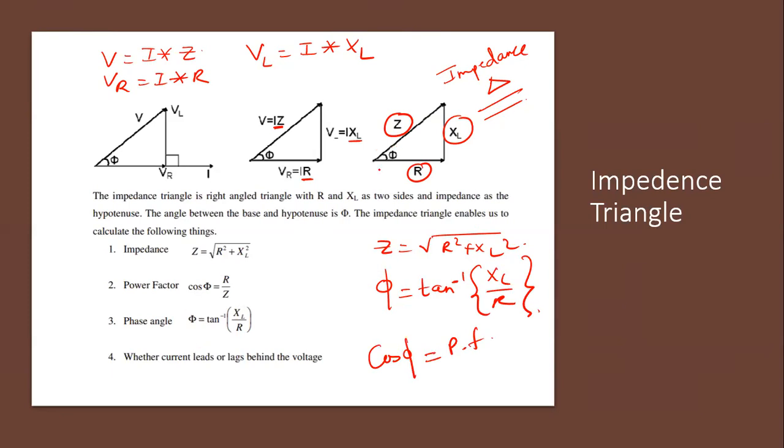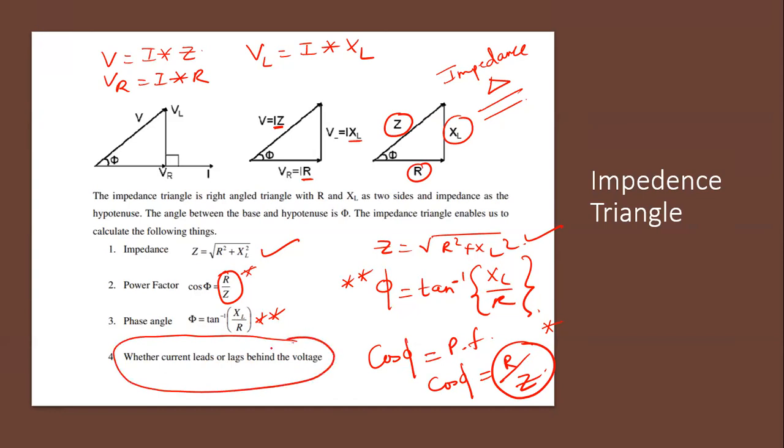If you want to apply directly, cos theta is always base by hypotenuse, so it is R by Z in this case. Same thing, XL by R. Whether current leads or lags behind the voltage, they are saying this is true in both cases, both in case of lag and lead.